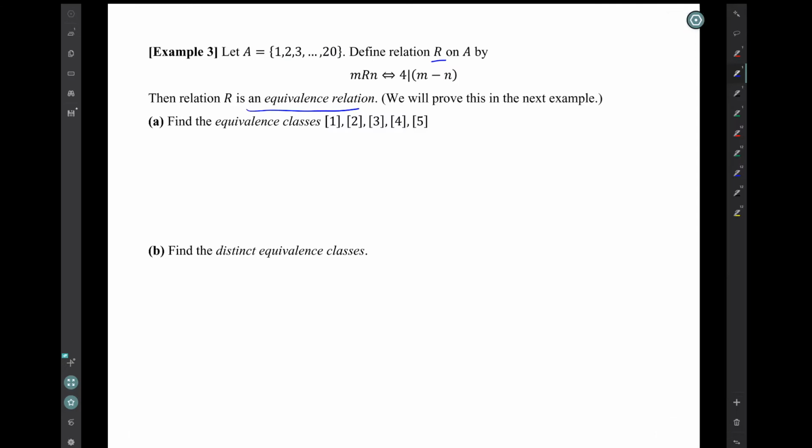So question A is to find the equivalence classes. Now how do we find those equivalence classes? Well, let's think about the equivalence class of 1.